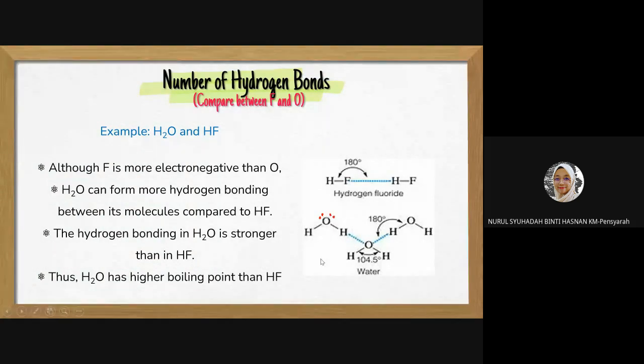Jadi satu H2O molecule boleh hasilkan four hydrogen bonding. So dia boleh hasilkan lebih compared to HF dekat sini. It can only form one hydrogen bonding dekat sini.